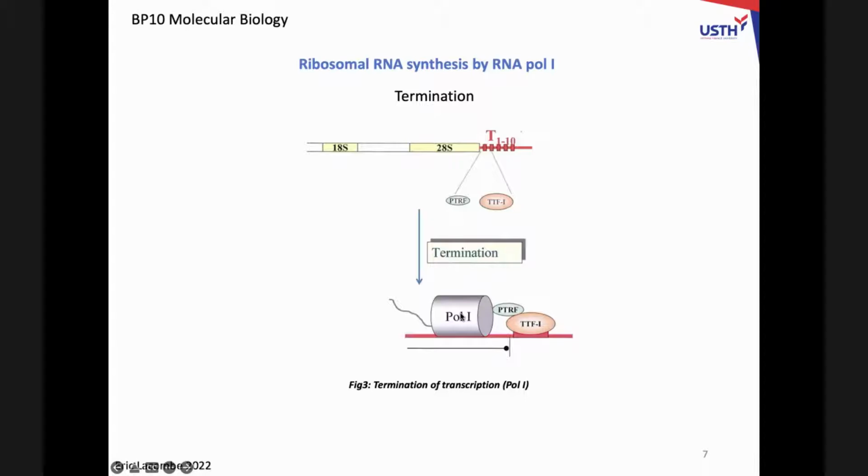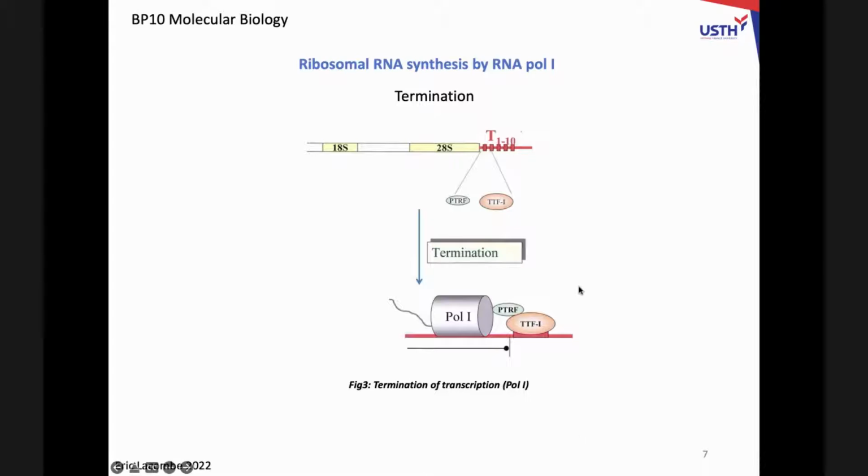So you see, for Pol 1, it's very, very simple. We've got a simple promoter that is recognized by general transcription factors, such as TATA binding protein. All the initiation complex is constructed just before the initiation start. Once everything is there, the transcription by Pol 1 can start. So you've got the pre-ribosomal RNA, which is transcribed.